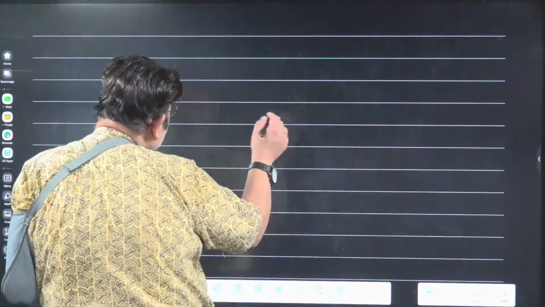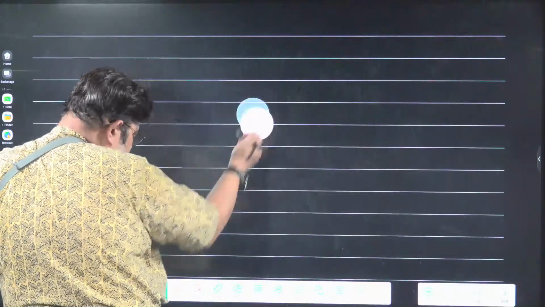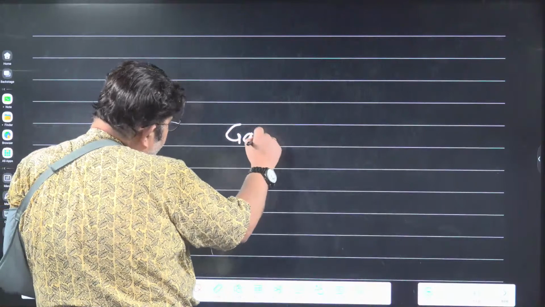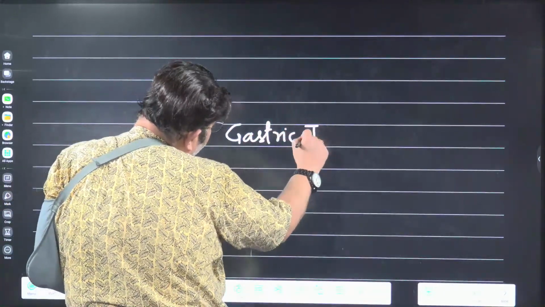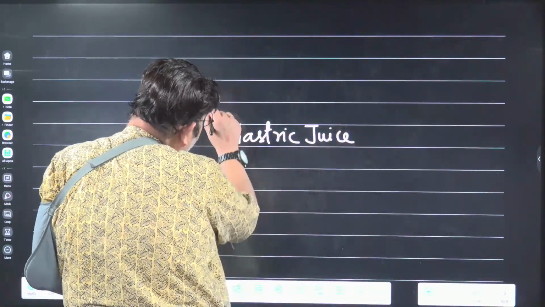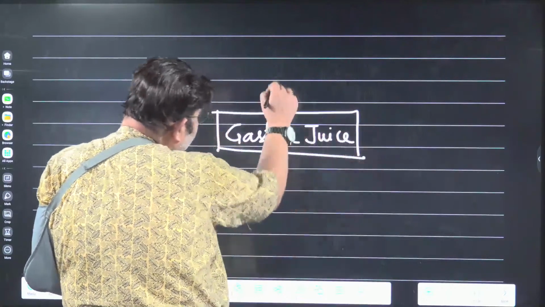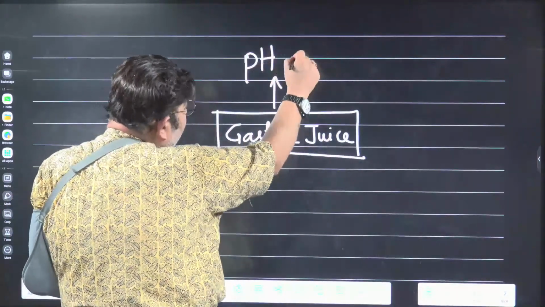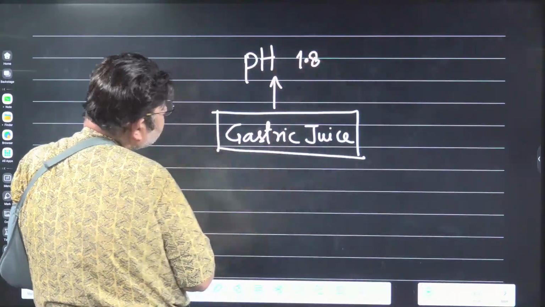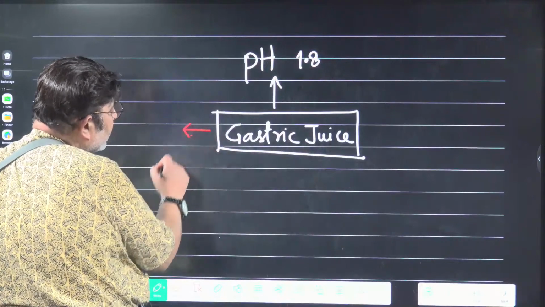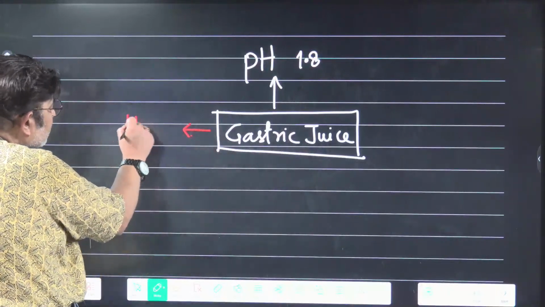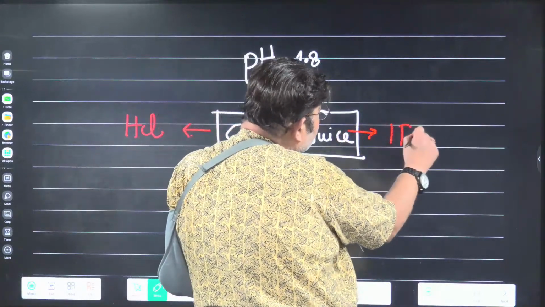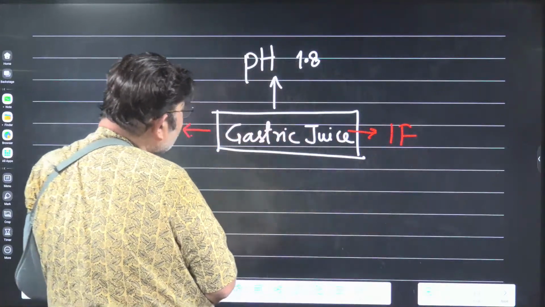These glands produce a juice called gastric juice. Gastric juice is an acidic digestive juice. According to our textbook, the average pH is 1.8. Gastric juice contains hydrochloric acid, and also intrinsic factor for vitamin B12 absorption.